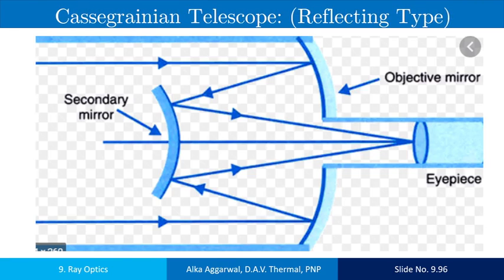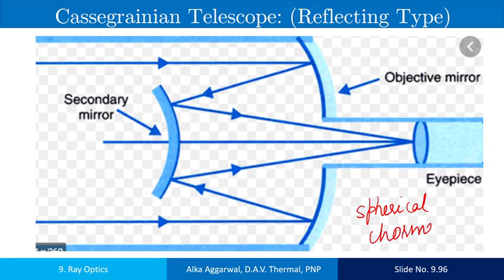Now the next is the reflecting type of telescope. When the objective is a mirror, then the telescopes are called reflecting telescopes. They have several advantages. In reflecting telescopes, the images are free from spherical and chromatic aberrations.